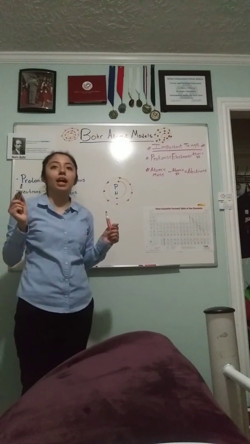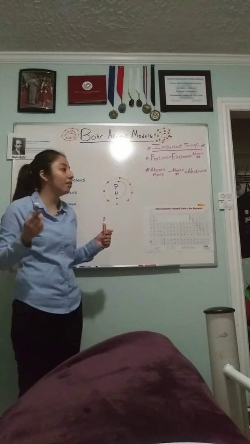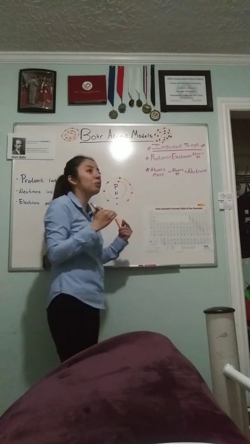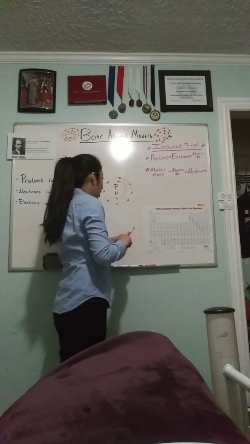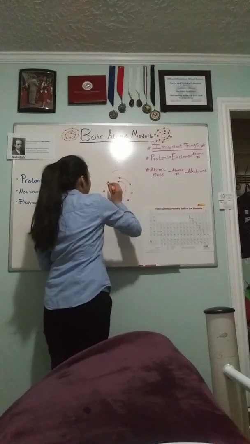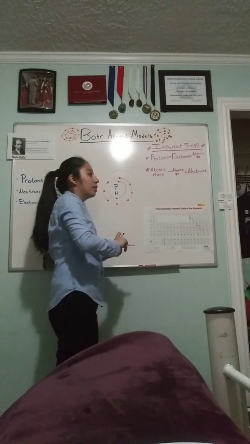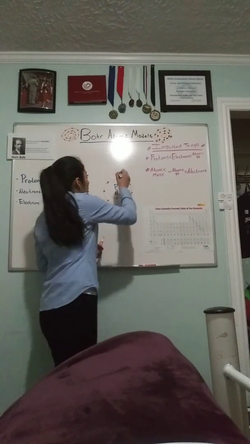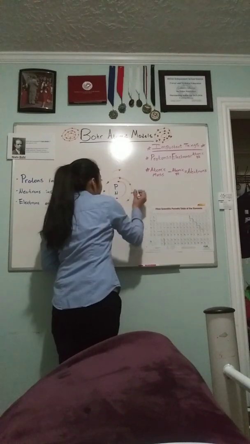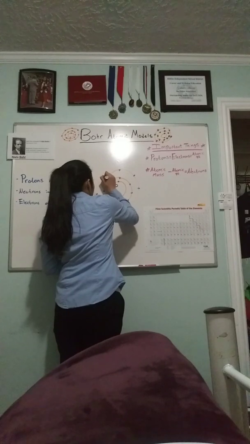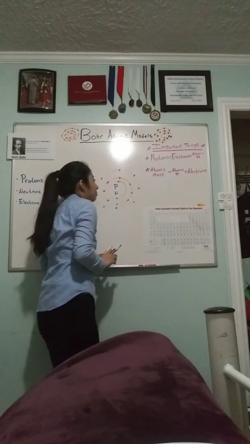When putting the electrons in the energy level, you always want to separate them because they never want to touch each other. Now, the third energy level, the max it could have is 8 electrons. 1, 2, 3, 4, 5, 6, 7, 8.